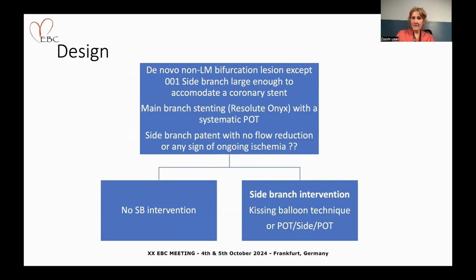After this, the operator evaluated the side branch, and in the case of no flow reduction or any signs of ischemia, the patient was then randomized to no side branch intervention or side branch intervention. This side branch intervention was at the discretion of the operator in terms of kissing balloons or a POT-side-POT technique.